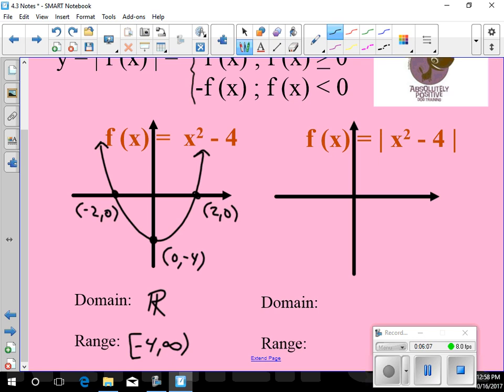Now, what would happen to this sketch if I take the absolute value of the entire function? Well, anything that's positive will stay positive. Right? 2, 0, -2, 0. But anything that was negative will now become positive.